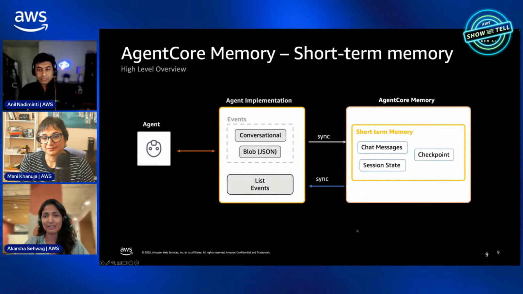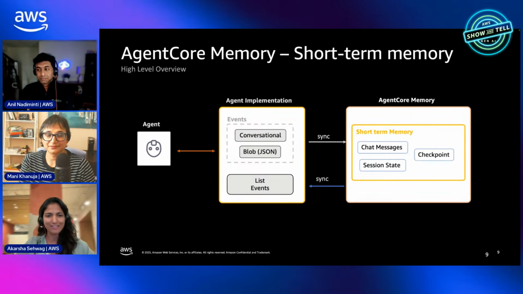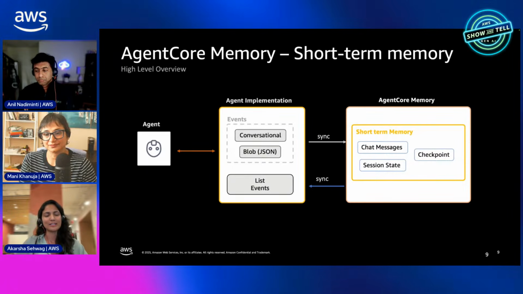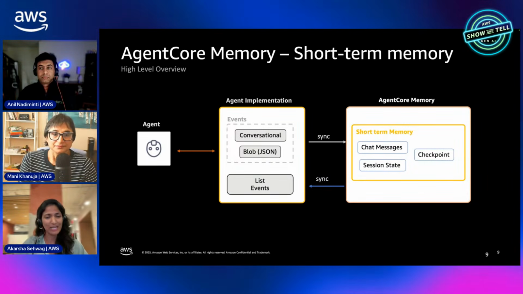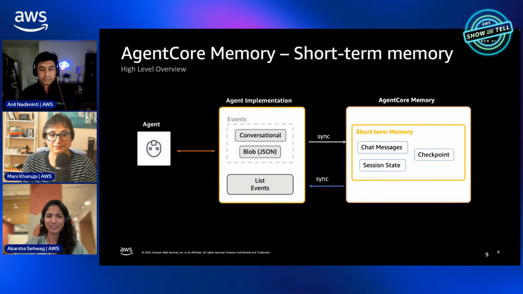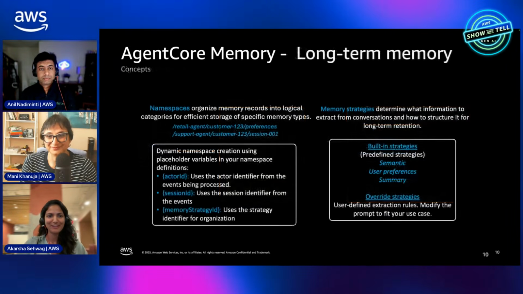You will see it in the demo. But overall, the beauty here is that the short-term memory acts like the agent scratchpad. So it captures everything in real time, categorizing it properly and making sure that nothing gets lost in the process.